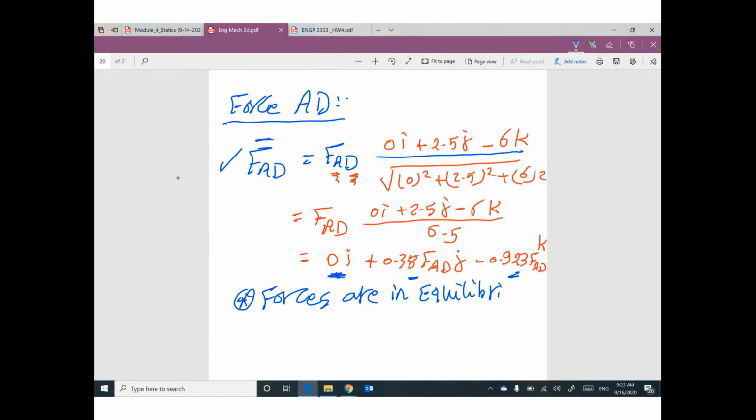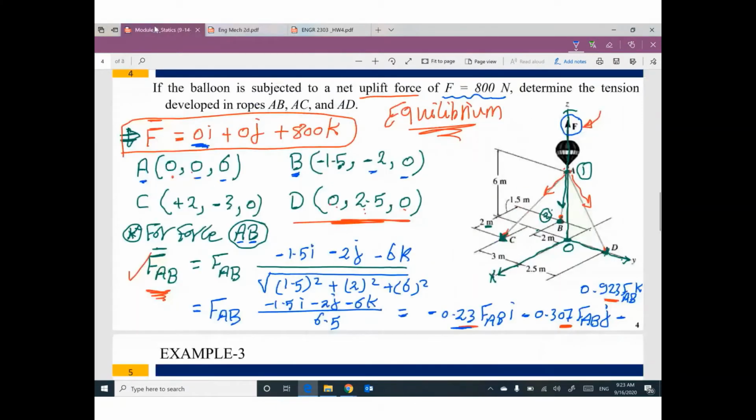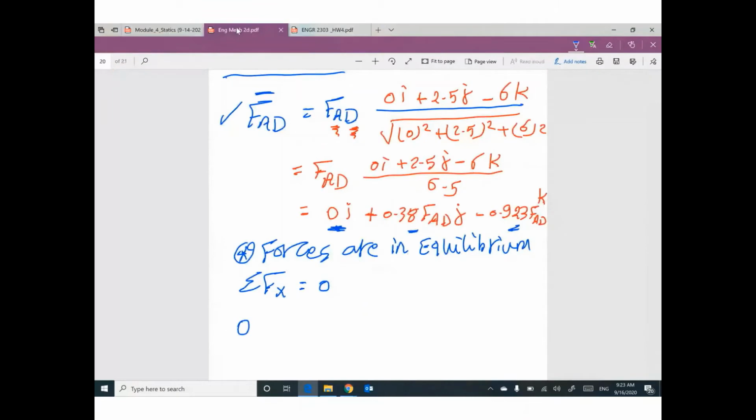Since the forces are in equilibrium, the summation of all X components equals 0. So the first component is 0. The second component, for the second force, is negative 0.23 FAB. What else?